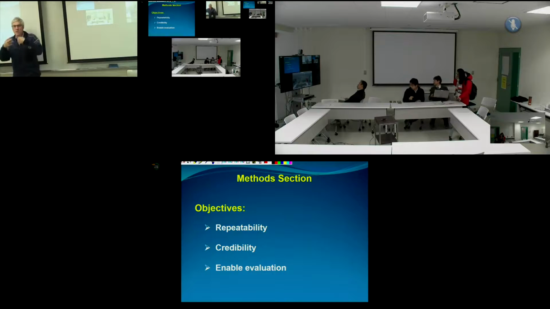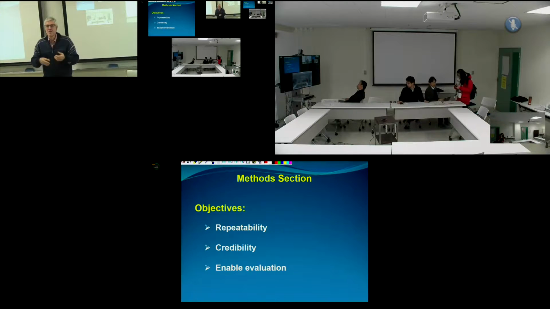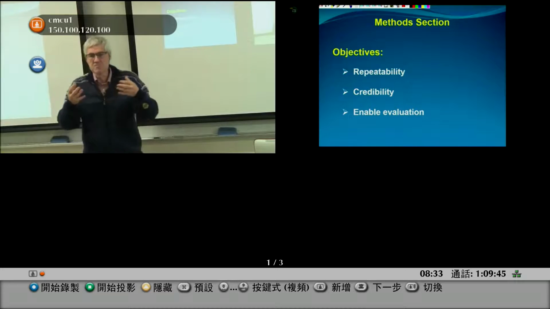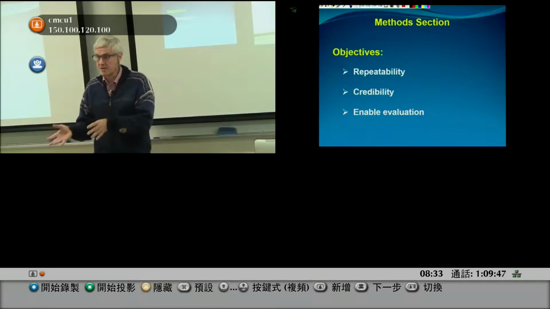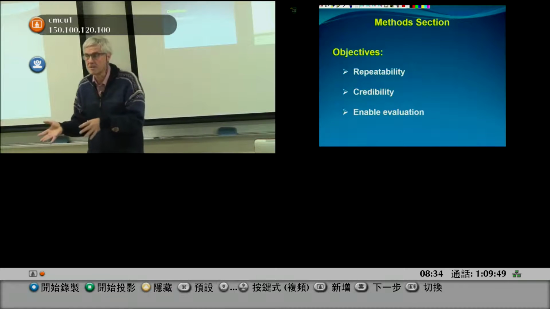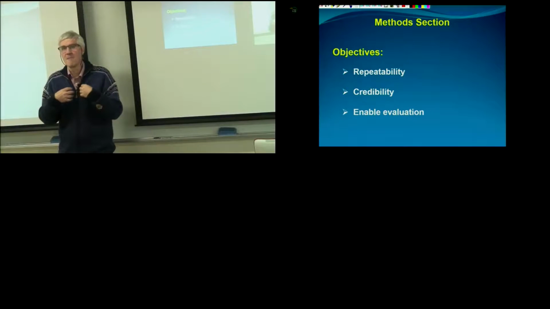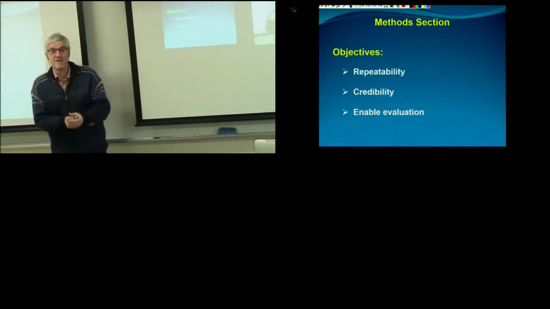So if somebody wanted to do those experiments again, they would have a good idea about how to do them, and they can then judge for themselves. And did they use the right methods? Maybe you did use methods, but they weren't appropriate. And if they weren't appropriate, then the audience is not willing to trust, to believe those results.